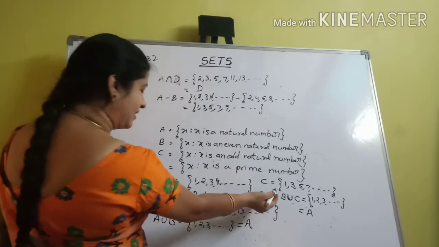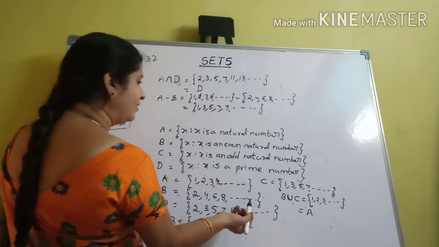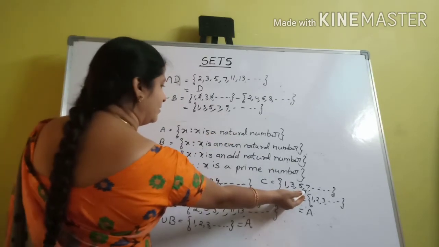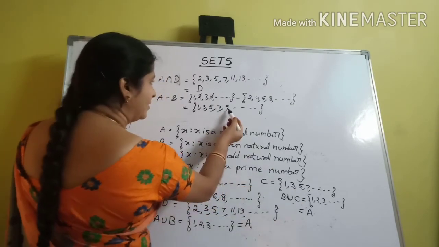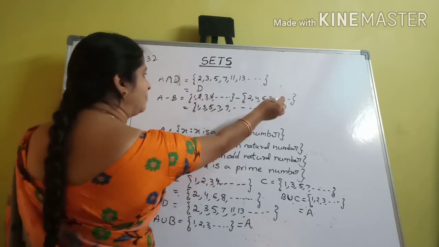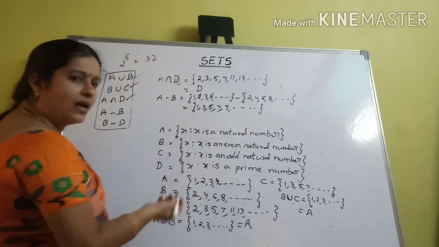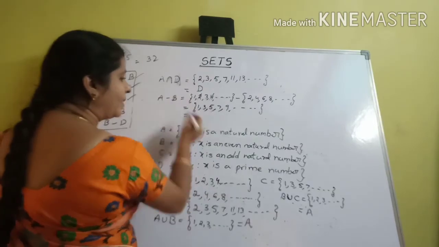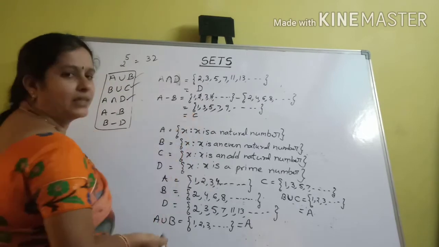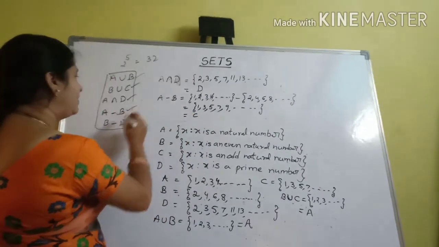Only 4 sets are given, A, B, C, D. This is the odd number set, okay? In natural numbers, when even numbers are cancelled, automatically you get the odd number set. So A minus B equals the odd number set C. Okay?